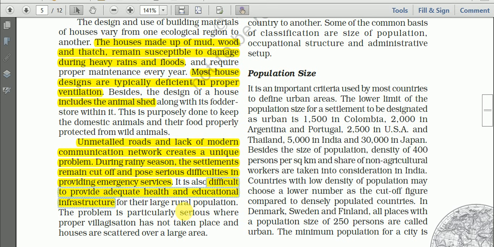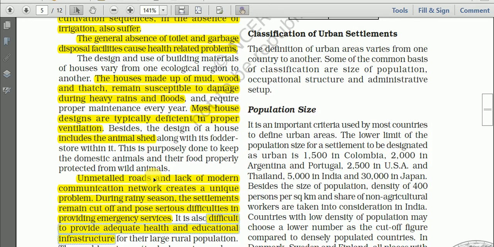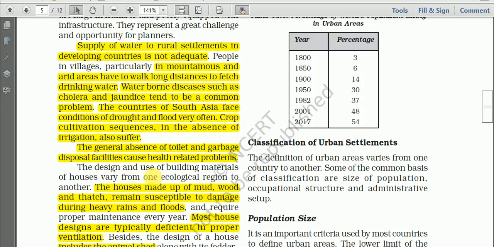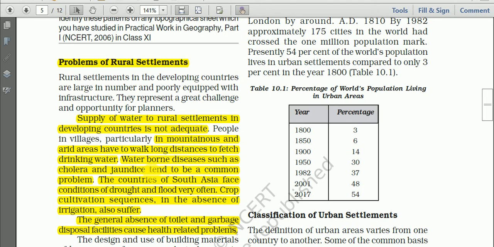There may not be good hospitals, or there may not be good educational institutions, in the rural settlements in the different countries of the world. So these are the different problems of rural settlements in the world.